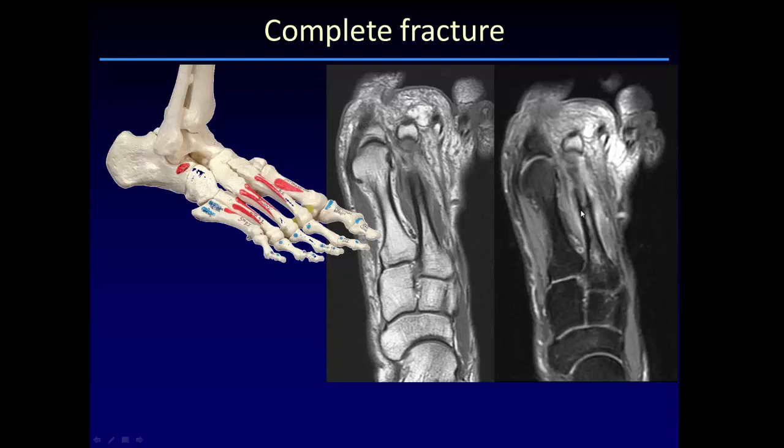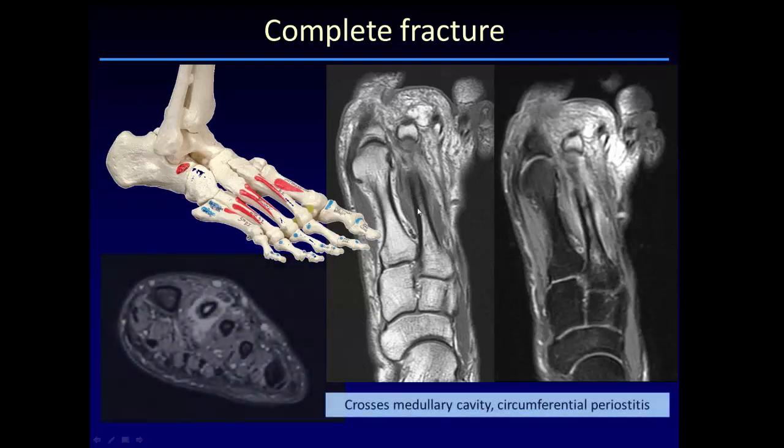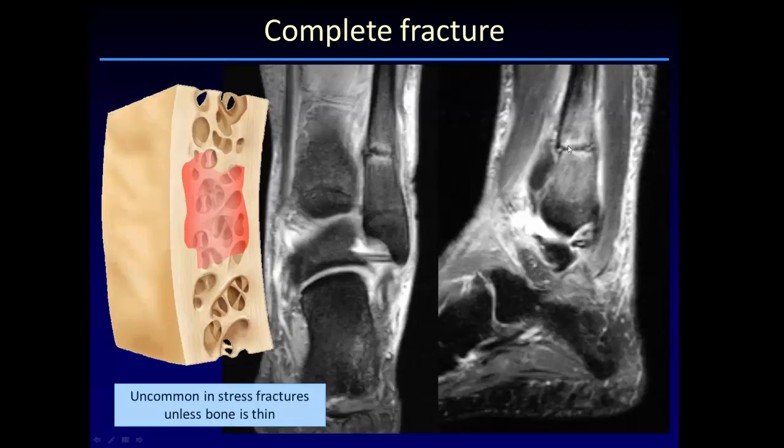The term complete fracture refers to a fracture going all the way across the bone. We don't usually see these in the big bones. They tend to be seen only in the thin bones, where activity continues to this kind of point. So you're going to see them frequently in the small bones of the foot, or perhaps in a thin bone like the fibula, where a fracture has gone and completed.